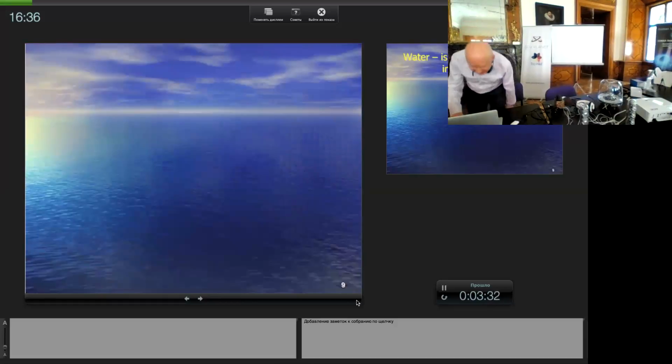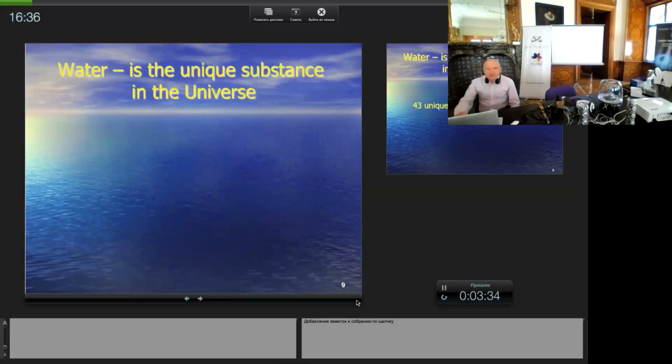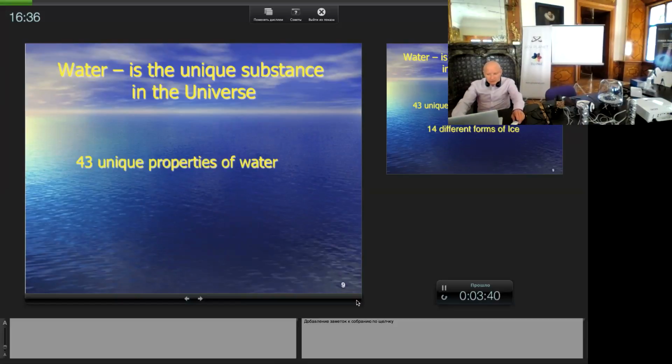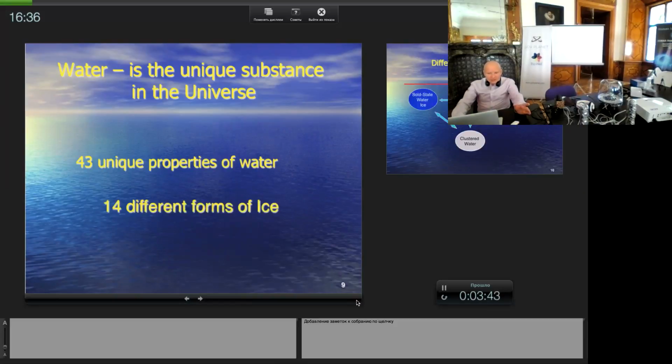So water is an absolutely unique substance in the universe. In science, we have 43 unique properties of water and 14 different forms of ice. And you know what is the only substance where the solid is lighter than the liquid? The only substance. And what does it mean?